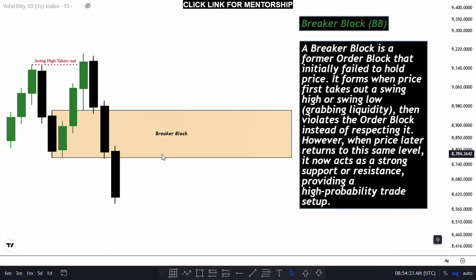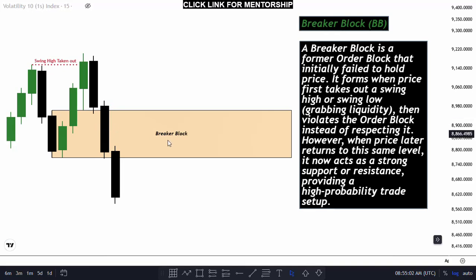Now, these breaker blocks, like I said, only a single candle order block is allowed not to have a fair value gap. I see a lot of traders making this mistake where you just mark the breaker block without having a fair value gap in front of it. In terms of confluence, you need a breaker block to be in line with a fair value gap.